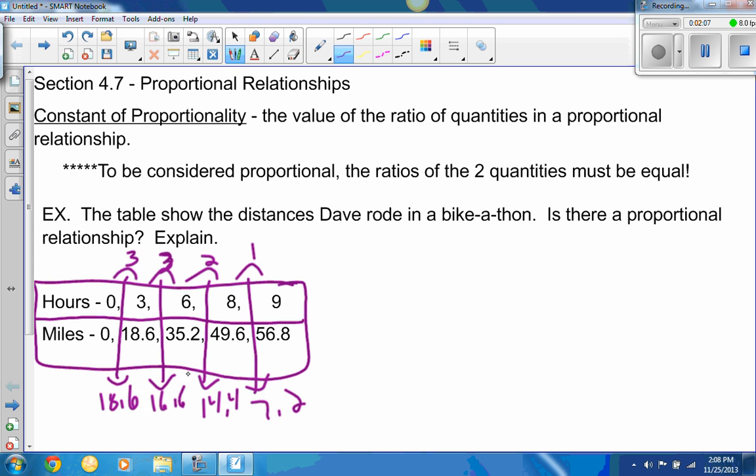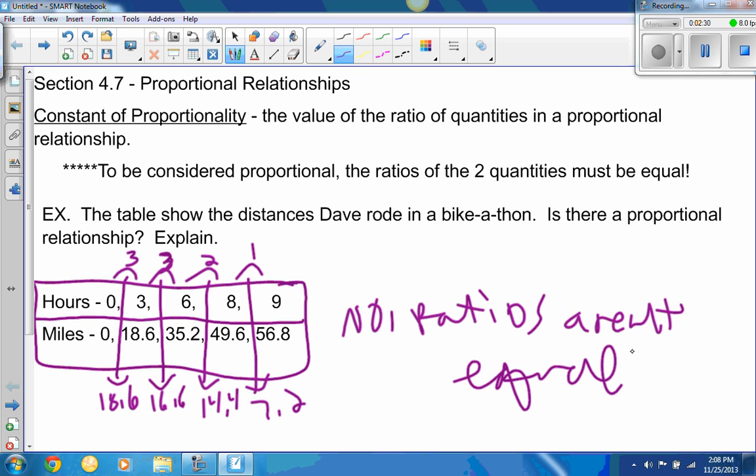Then you have to look at the changes, right? So are the ratios equivalent? The 1 over 7.2 is equivalent. The 2 over 14.4 would be equivalent to this. But 3 over this and 3 over this, those would not be equivalent. So the answer is no. Ratios aren't equal. That's how you would explain it. The ratios are not equal.